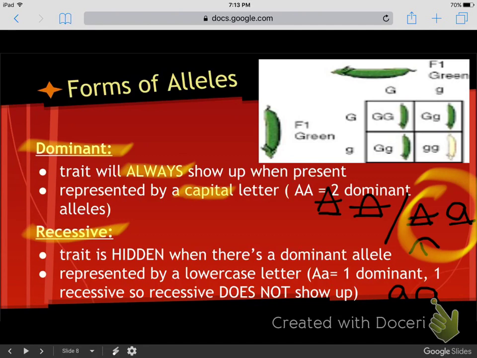So if you look at this example up here, in the top column, we have big G, little g as the letter combination, and that was one parent. And then the other parent's allele combination was big G, little g too. Okay, so both the parents had a dominant and a recessive trait to pass on. Okay? Dominant, recessive.